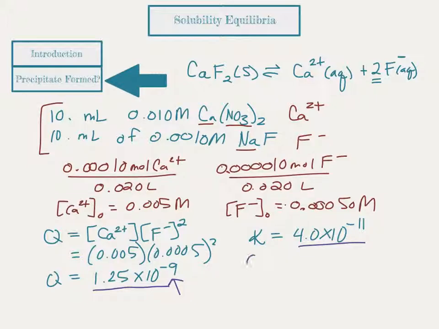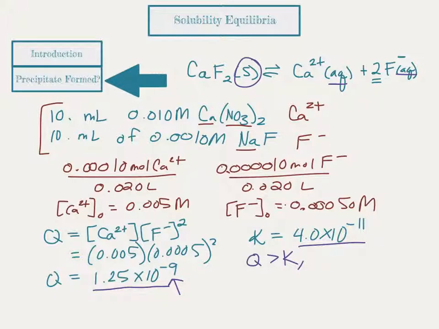So right now, my Q is greater than my K value. This indicates that I actually have too many things on the product side of my equilibria, so my reaction will shift to the left to relieve this stress to get towards our equilibrium constant. In this case, that means we're going from only aqueous species existing to creating a solid, which means a precipitate will form.